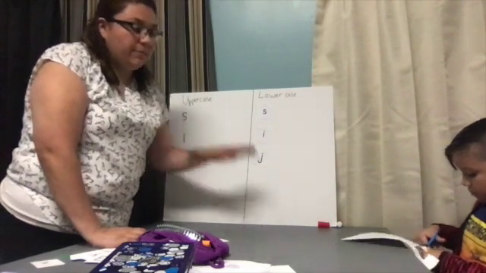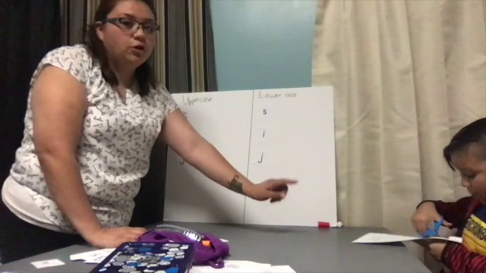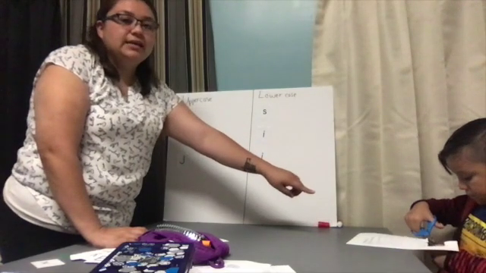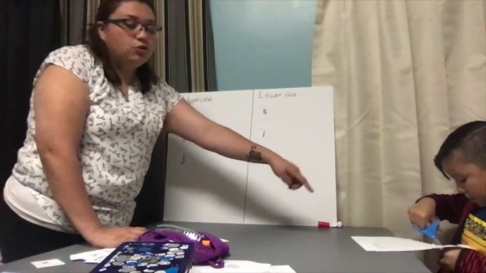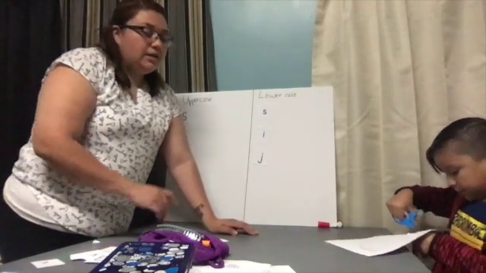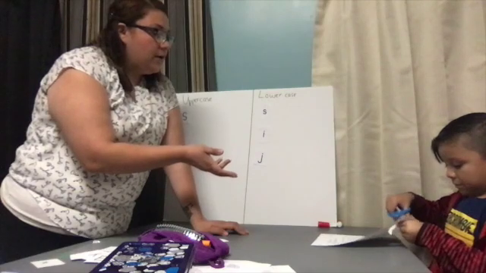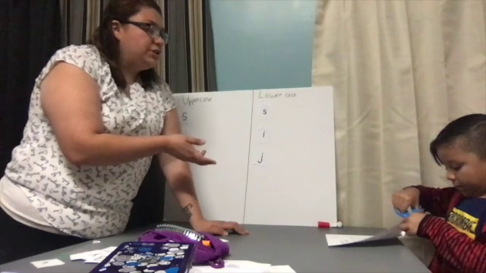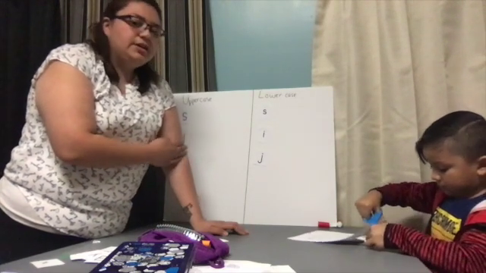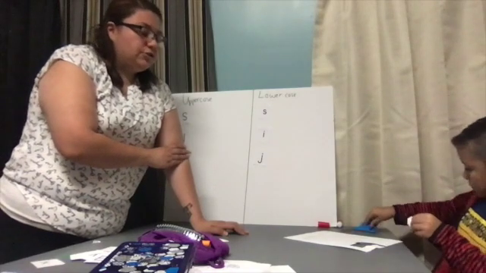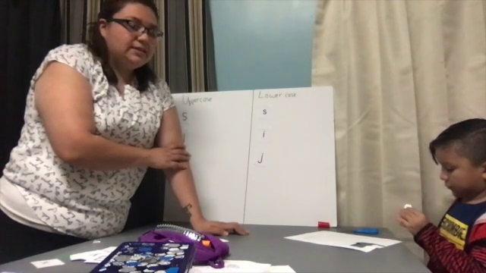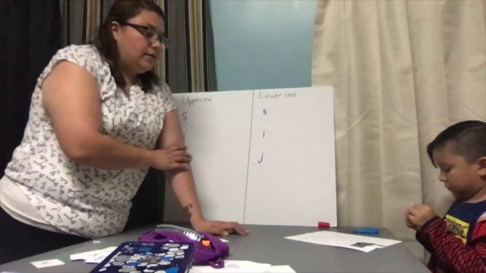He's looking at the capital letters, he's looking for the lowercase, and he is sorting them out to where they belong. The way that I'm assessing is I'm observing him and watching what he's doing, making sure he understood the concept of the activity.